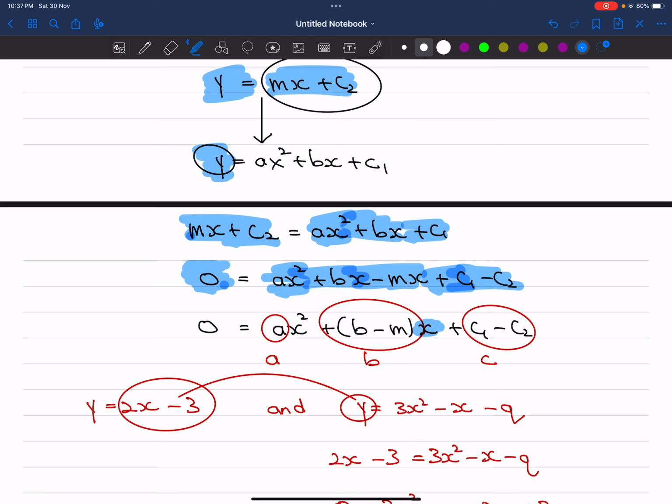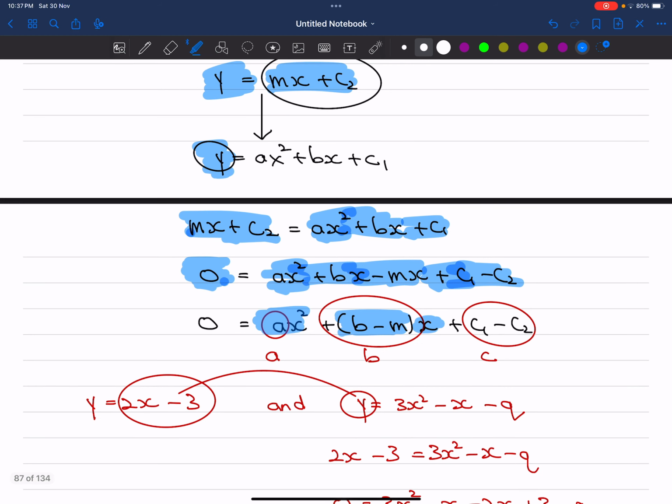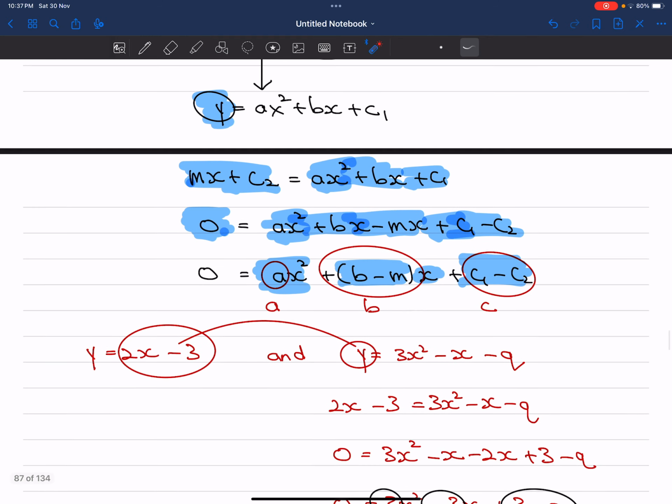I take out the x, inside brackets, b minus m. The others I just copy back, ax squared, c1 minus c2. Now the a, b, c: the a as usual is in front of the x squared. The b is b minus m in front of the x. And c is the last term without x.